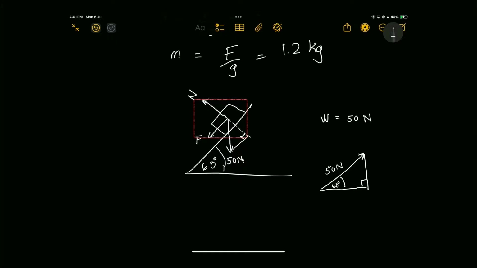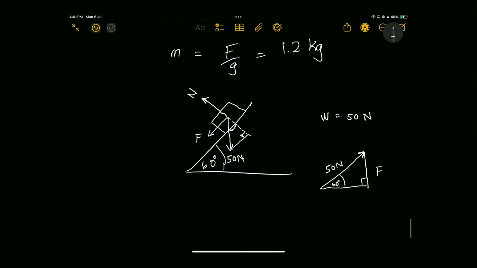This angle here is equal to 60 degrees. So we have here, this is F, and here we have the normal force.